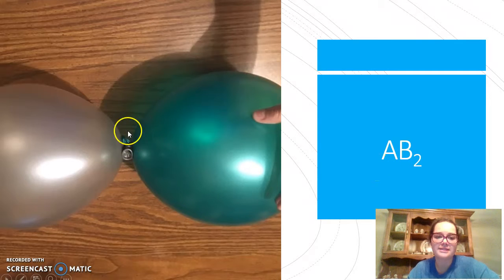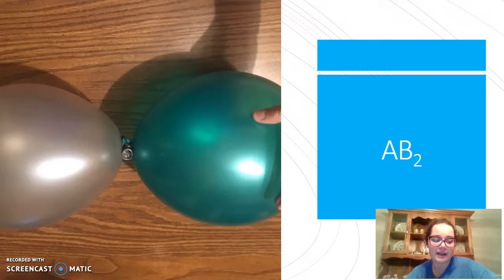So in our example, the place where the balloons are connected is going to be the central atom, and then the 2 balloons are going to represent the atoms that are connected to that central atom. So with an AB2 model, there are 2 electron domains.